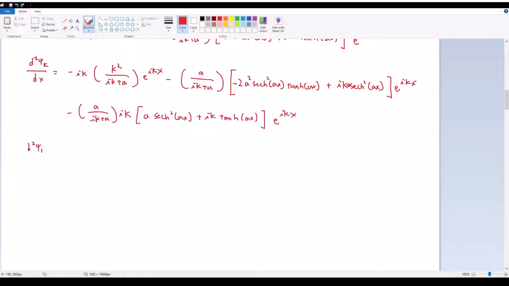d2 psi k by dx is going to equal the same at the front, so negative ik times k squared over ik plus a times e to the ikx.